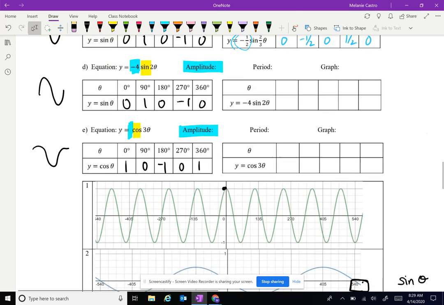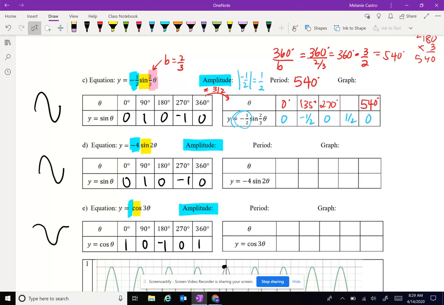So we can match that, and that's graph number 2. So I'm going to say that matches graph 2.